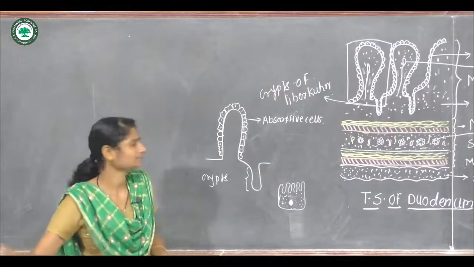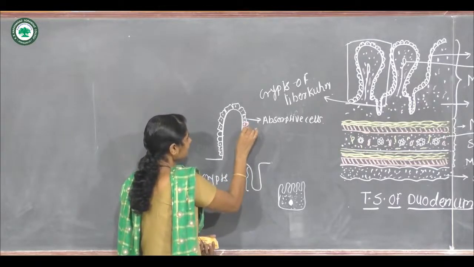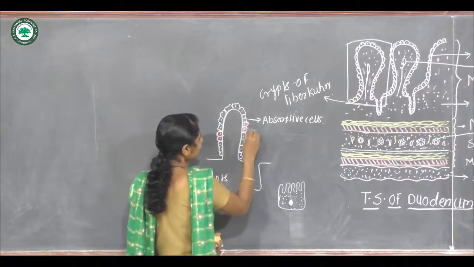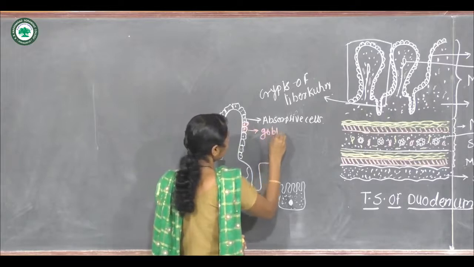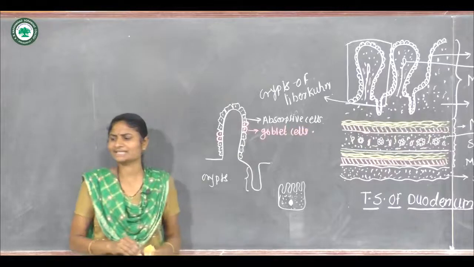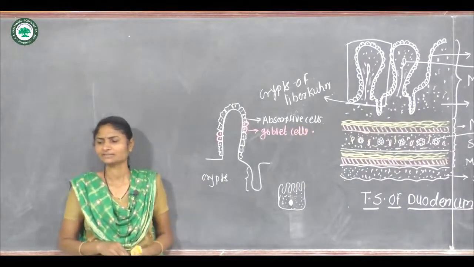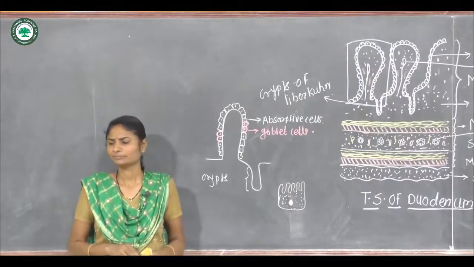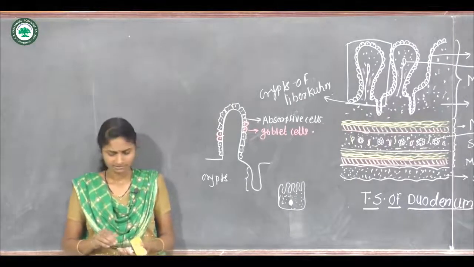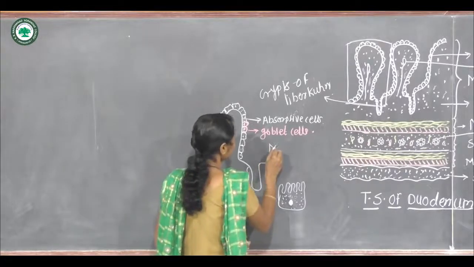Second type of cell is goblet cells. Here in this villus, next type is goblet cells. These goblet cells mainly secrete alkaline mucus. These cells are unicellular and their cytoplasm shows mucigen granules.